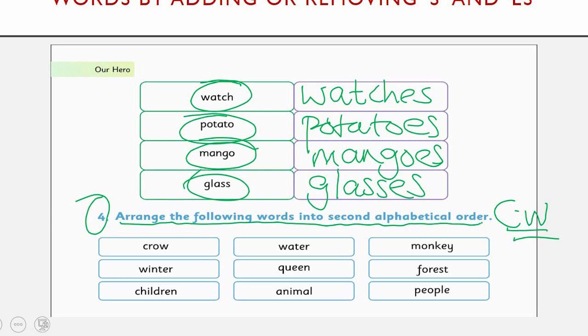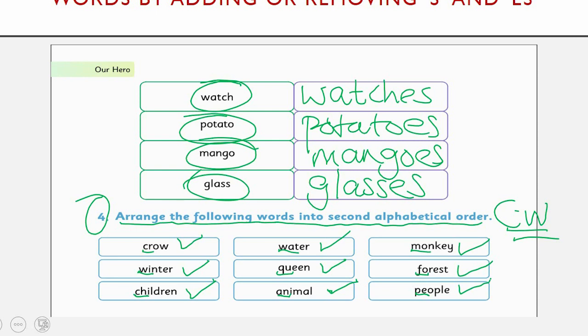Second alphabetical order means that you have to look at the first 2 letters and arrange them with the second letter. I'm going to read out loud the words which are here. Crow, water, monkey, winter, queen, forest, children, animal, people.